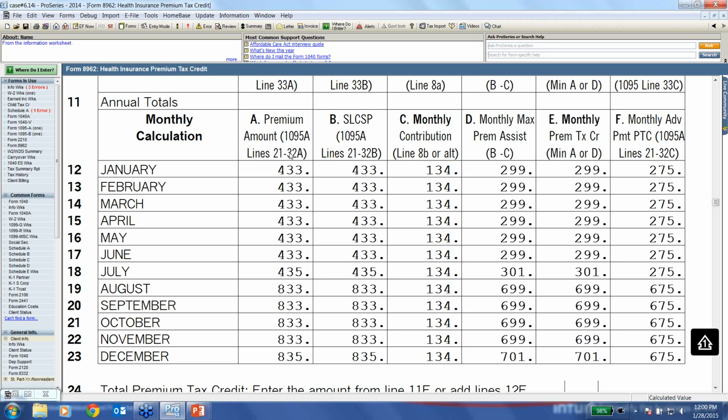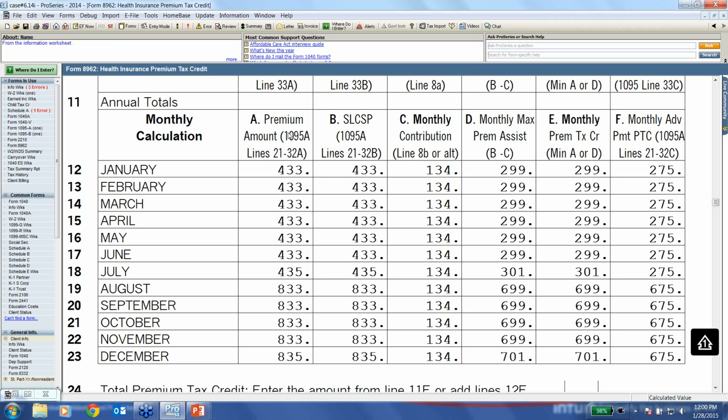As we said earlier, the premiums and the second lowest cost silver plan, $433 per month, January through July, and then it bumped up to $833 for the rest of the year. We subtract column C from B, and we have $299 and $301. That's January through July, and then that bumps up to $699 for the balance of the year.